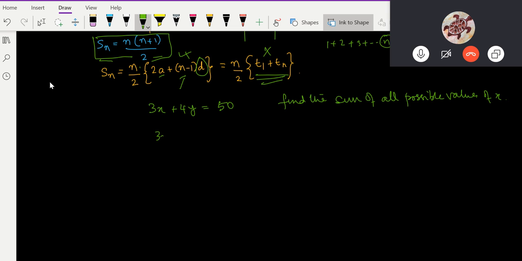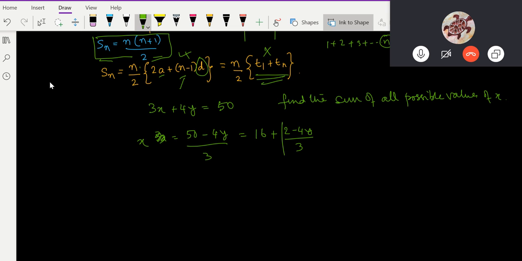So that means 3x is equal to 50 minus 4y, so x is 50 by 3, which means 16, which is 48, plus 2 remains: 2 minus 4y by 3. This is equal to x.